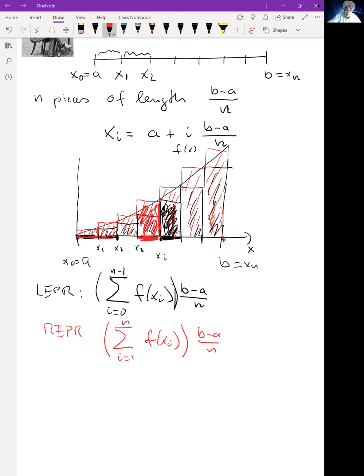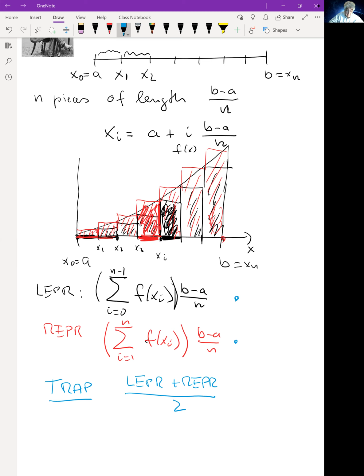Now finally, we do the trapezoidal rule. In the trapezoidal rule, it's nothing but the left endpoint rule plus the right endpoint rule over 2. So it's the average of this number and of this number. If you take the average of 2, you add them up, divided by 2.